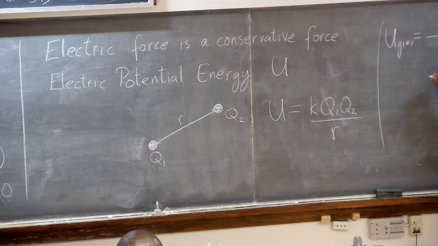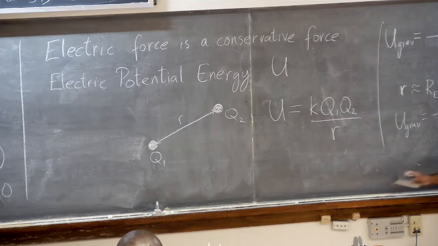If you are near the surface of the Earth, you can write your R as basically the radius of the Earth plus a little bit h. So if you plug that in, you get U gravity equals minus G, mass of the Earth, mass of the object, divided by radius of the Earth plus h.